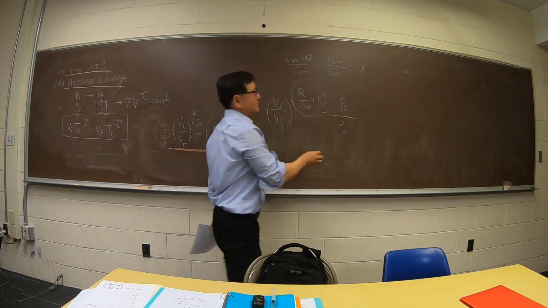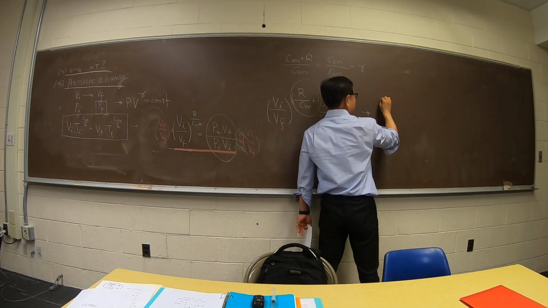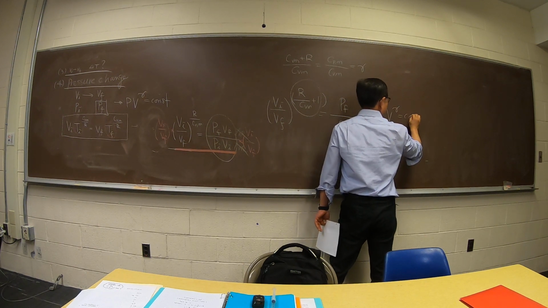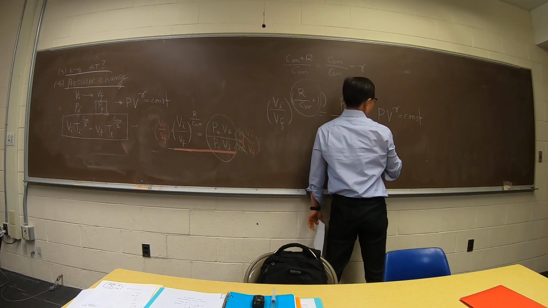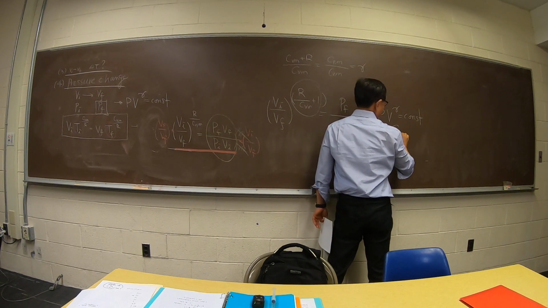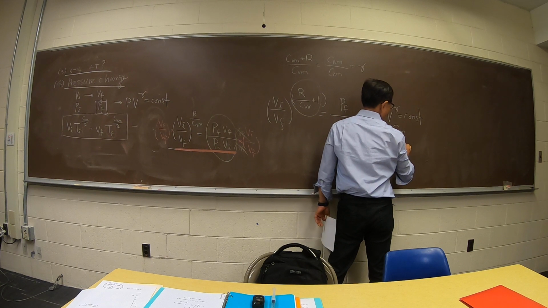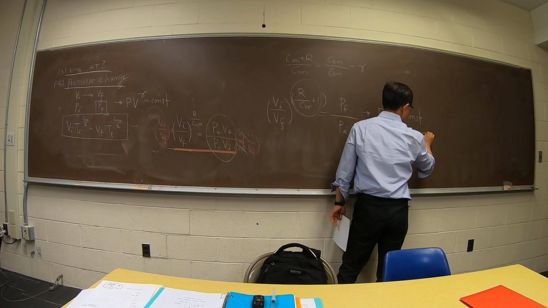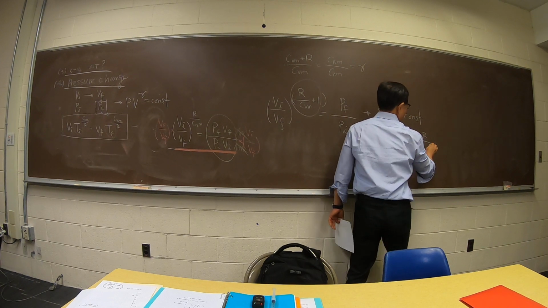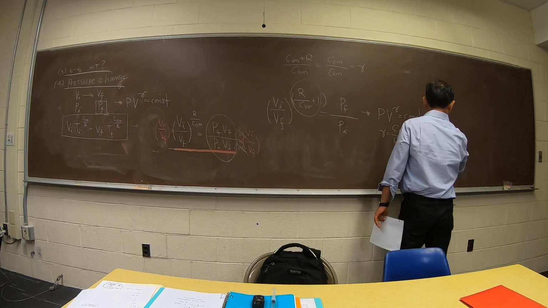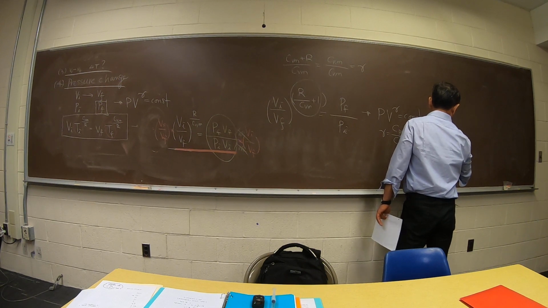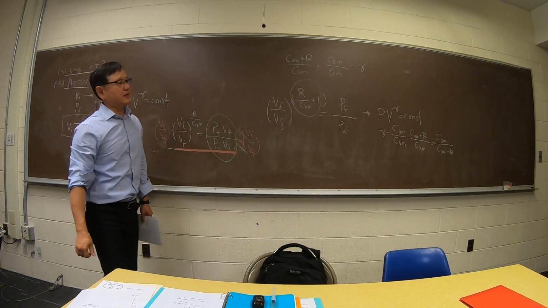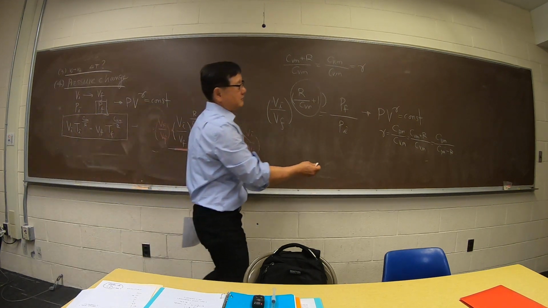So therefore, this equation now becomes pressure times volume to the gamma is constant. And the gamma is CPM over CVM, or CVM plus R over CVM, or if somebody wants to write it the other way, CPM over CPM minus R. Either way it works the same; it is the heat capacity ratio.